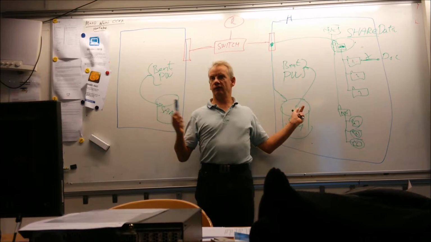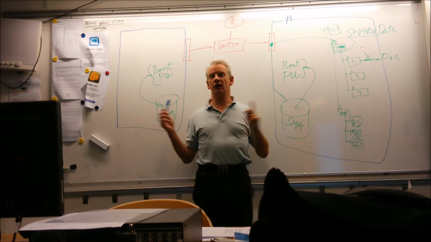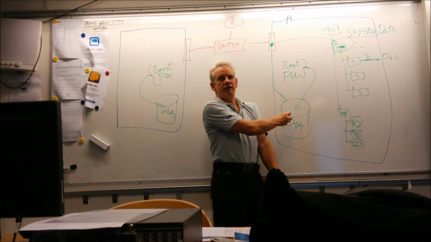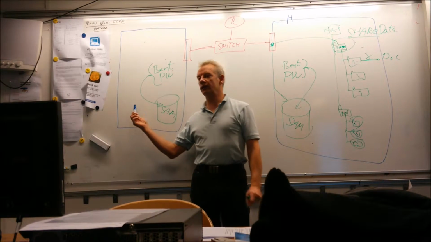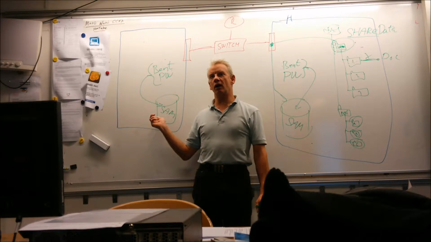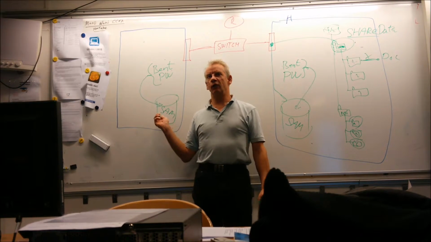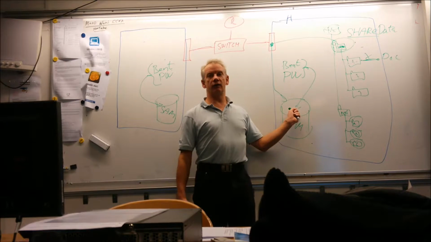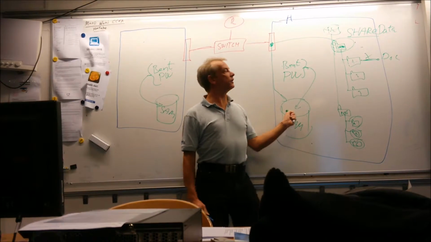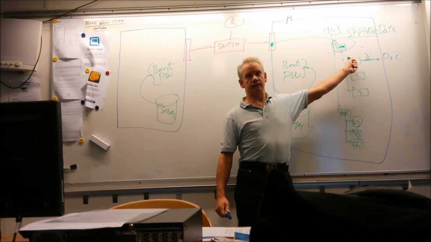But those two SAM databases have nothing in common. Whenever I do something over here, it's this SAM database that decides what I'm allowed to do. When I do something over here, it's this SAM database. So when I log on, it's this one that's checked. But when I connect to the share, it's this one. When I go into the file folders here, it is this one that decides what I am allowed to do.